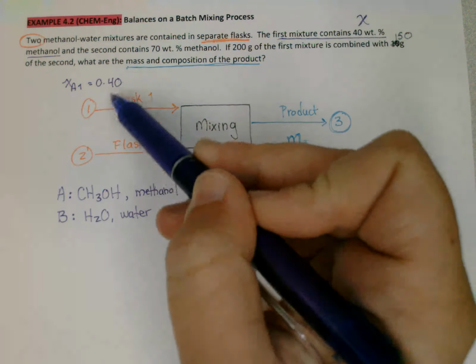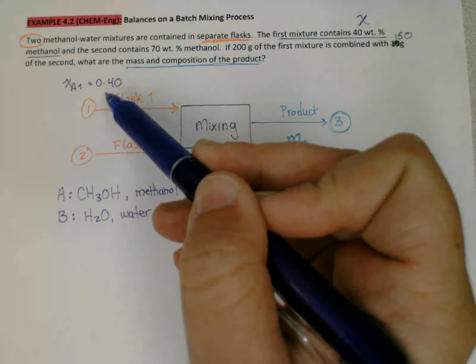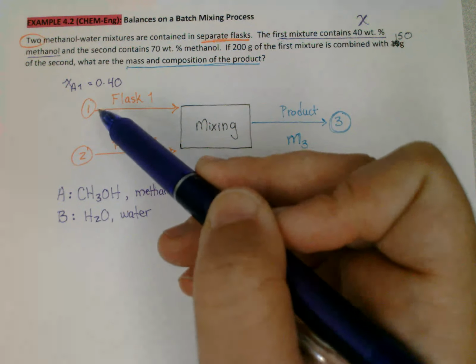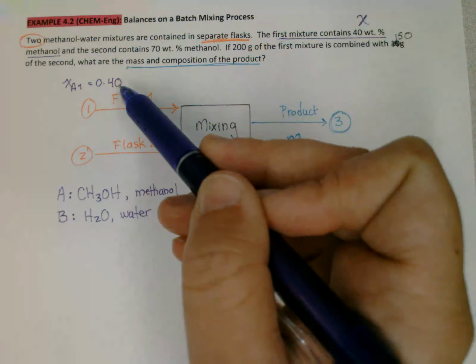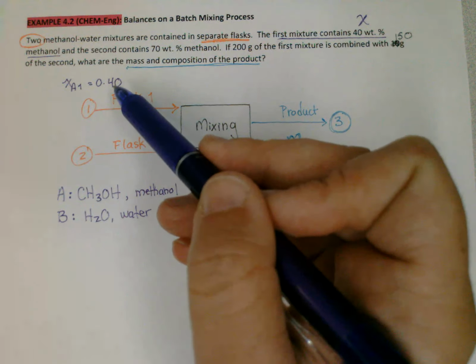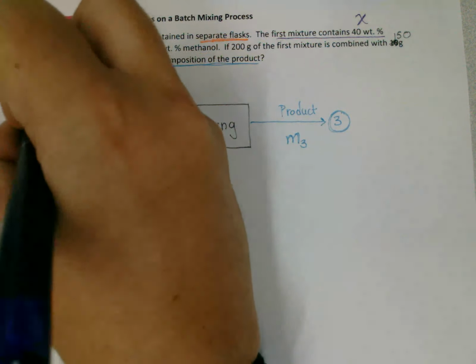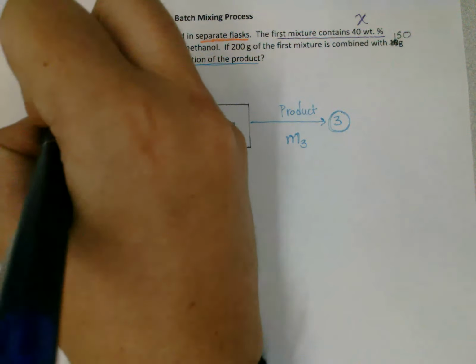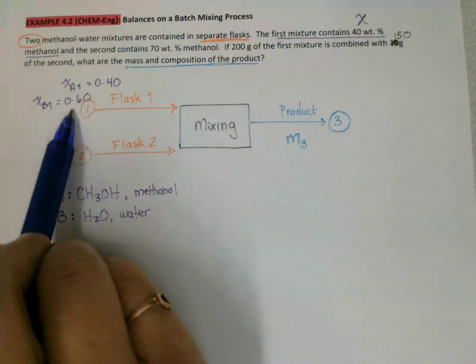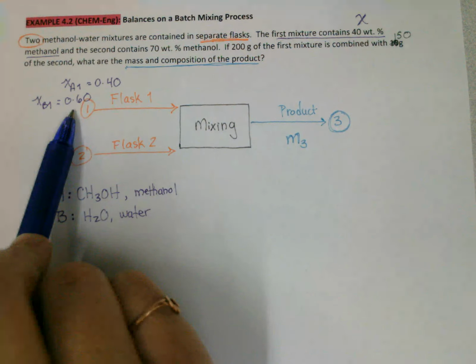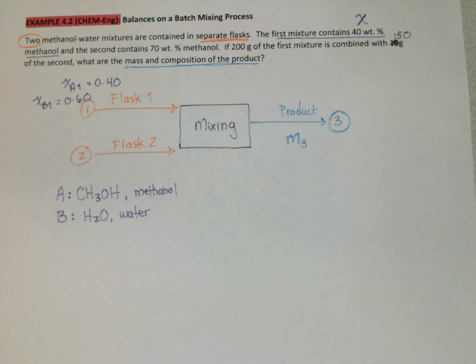And if there are only two substances here in this flask, methanol and water, if it's 40% methanol, then by default, it must be 60% water. So that means X sub B1 is equal to 0.60. Okay, so that's what's in number 1.